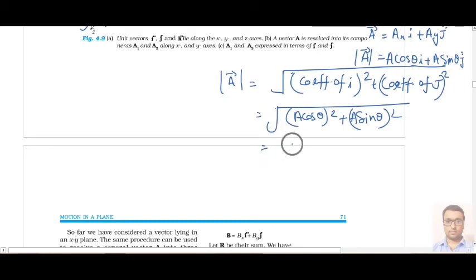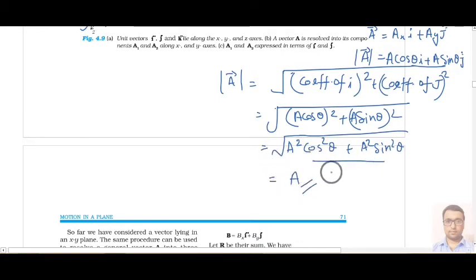If you solve it, you will get A square cos square theta plus A square sin square theta. That will become A only, because cos square theta plus sin square theta is 1.